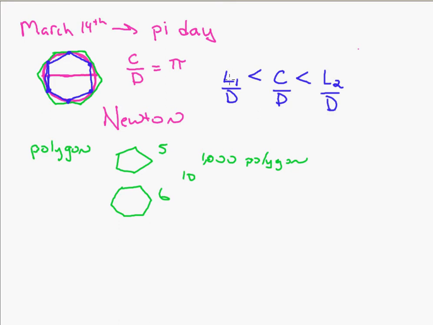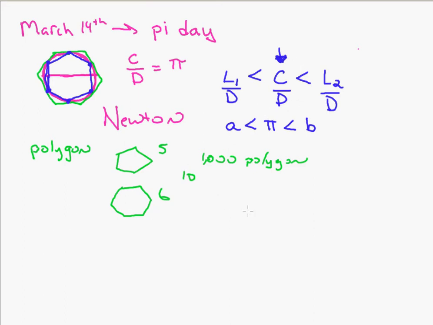I don't want to call it circumference because it's not a circumference, so let's just call it A is less than pi is less than B. Now you can see as we add more and more sides to our polygon, we're going to have a closer and closer approximation to pi, which is circumference over diameter.